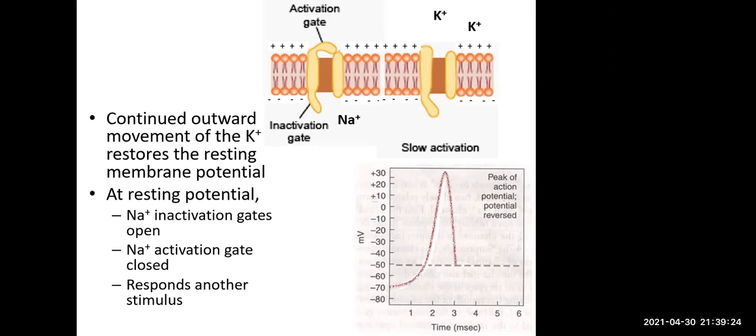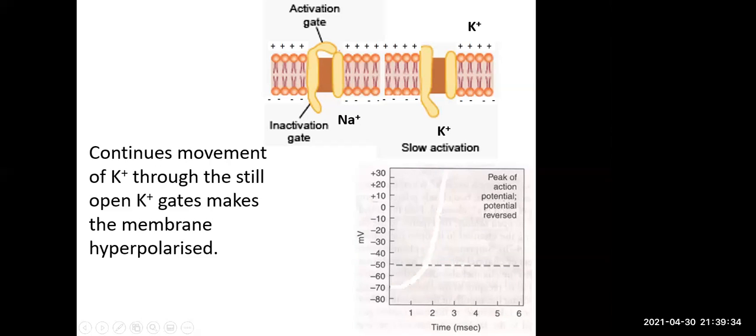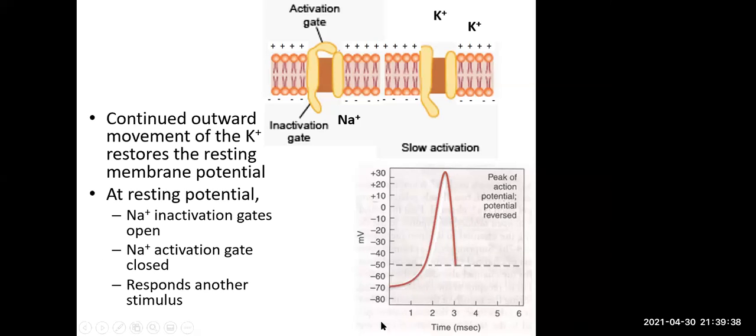Even though the membrane potential reaches the threshold level, there will be continuous movement of potassium. When the membrane potential reaches minus 50 millivolt, please remember, the sodium gate will come back to the original resting state.